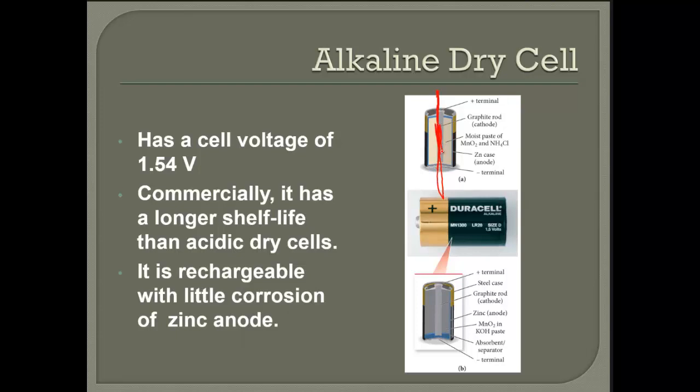Around it we have this moist paste, and that's what you'll see seeping out of a battery if it's been sitting around too long. And then the zinc is along the outside of it, and then the negative terminal is on the bottom. This has a cell voltage of 1.54 volts. Commercially, it has a longer shelf life than the acidic dry cells. It is rechargeable with little corrosion of the zinc anode.